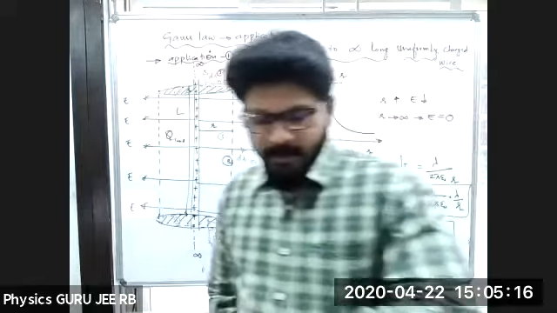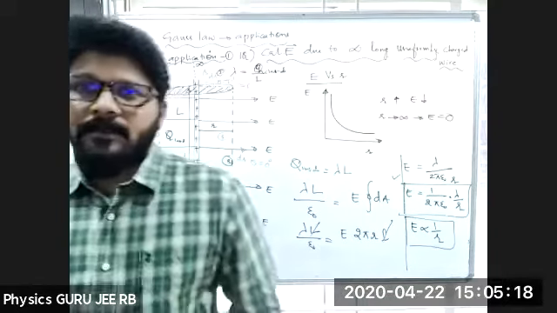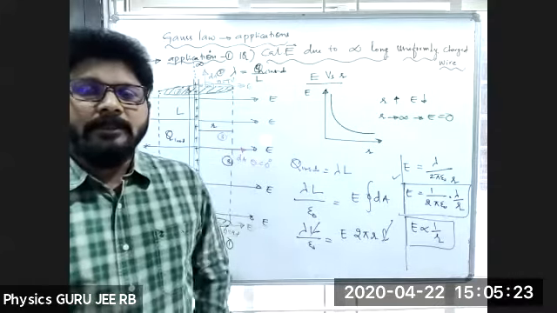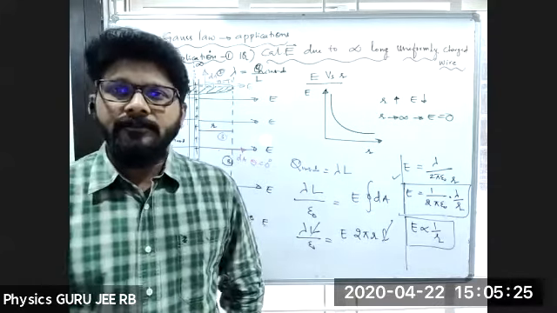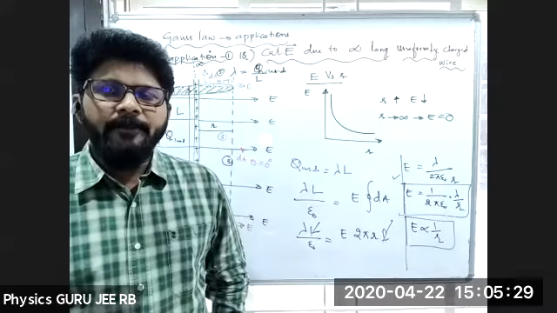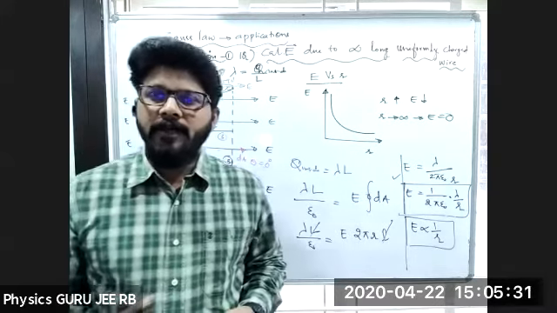To complete the class, only 5 minutes are left, so we cannot complete that concept today. Anyhow, we'll continue this class tomorrow. And today, we'll just have a recap of what we discussed.